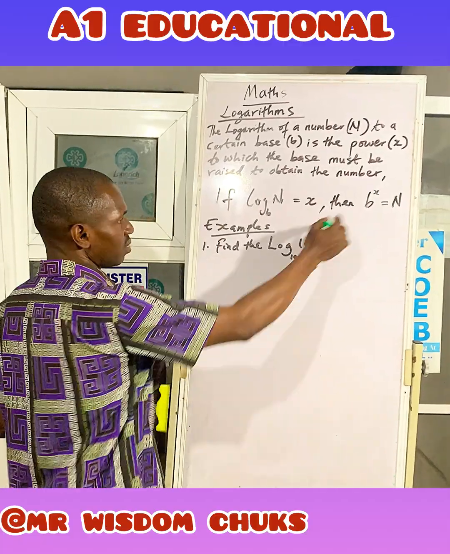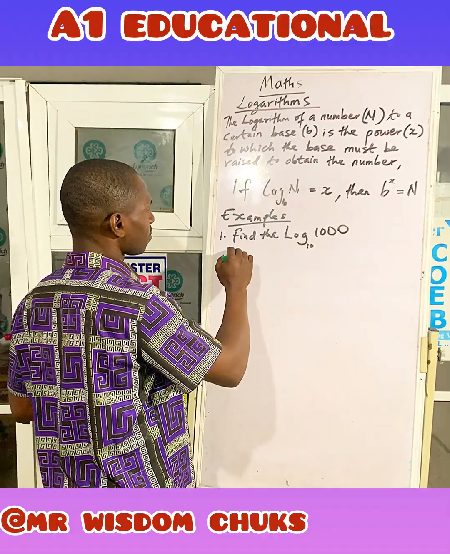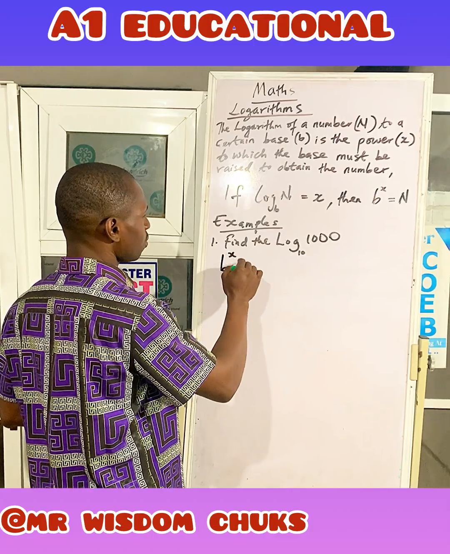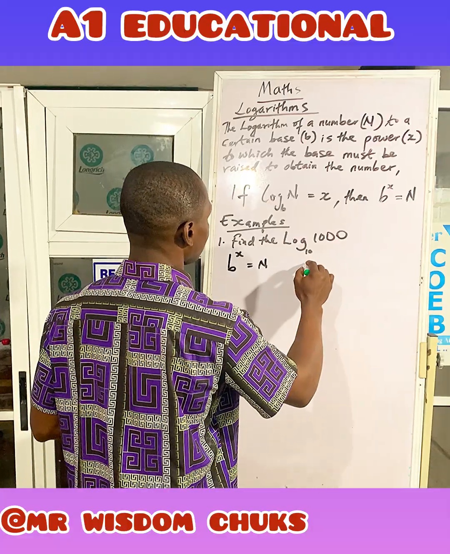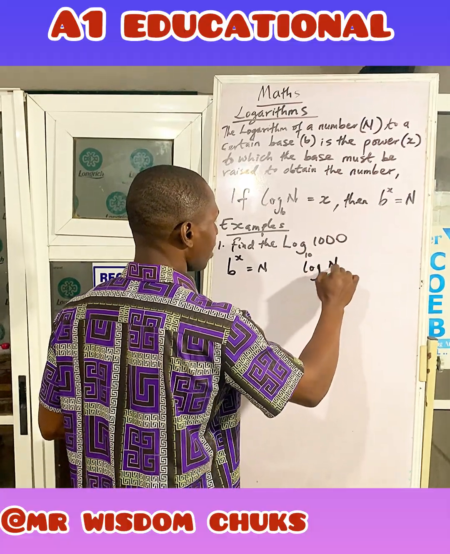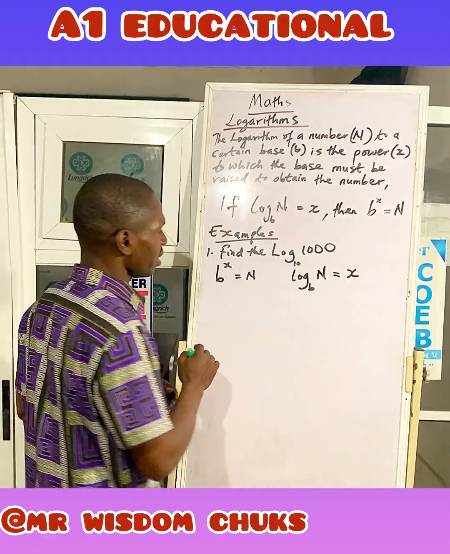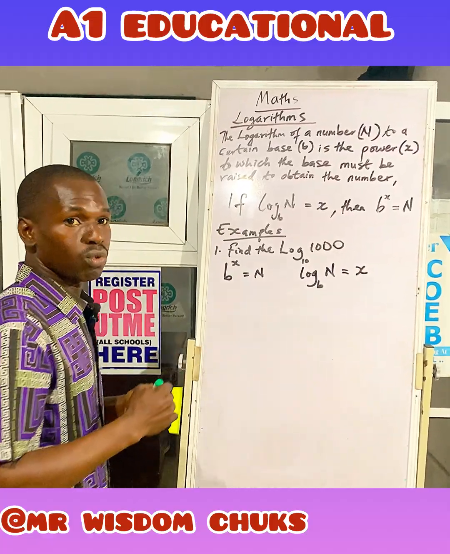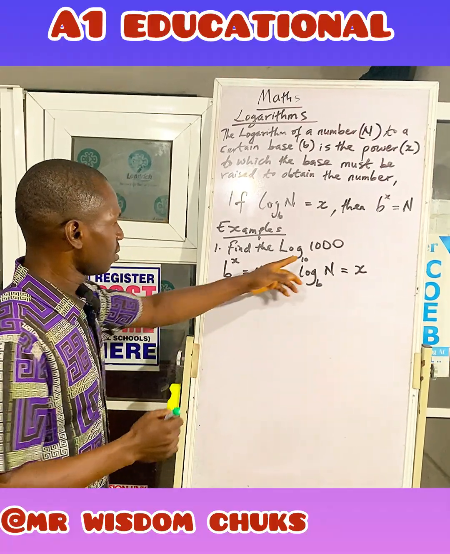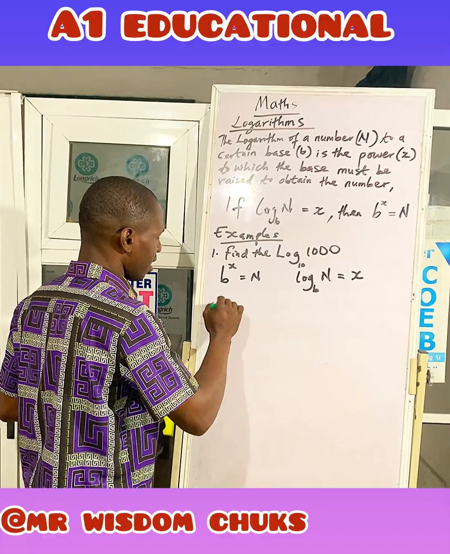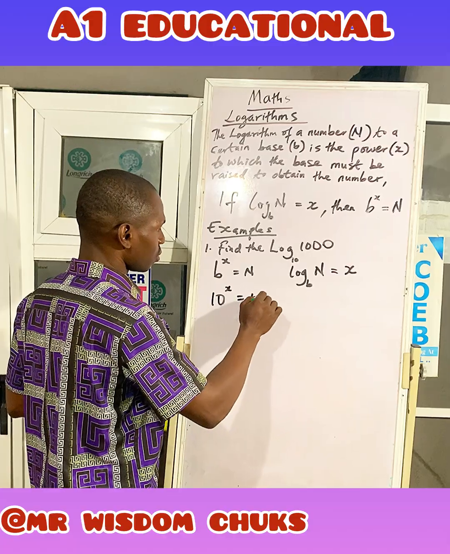Taking this from indices, we have that b raised to power x equals n. We know that the logarithm of n base b equals x, and what we are looking for here is the logarithm of 1000. This base here is 10, so 10 raised to what value will give us 1000.